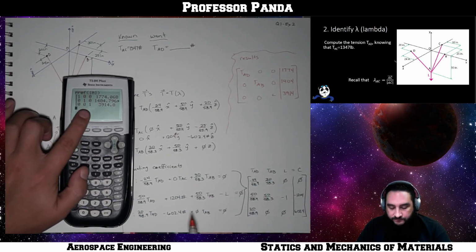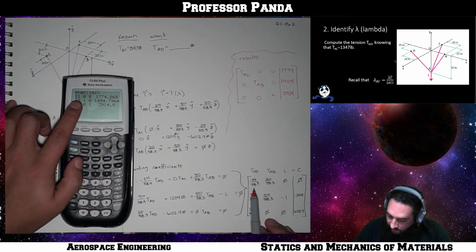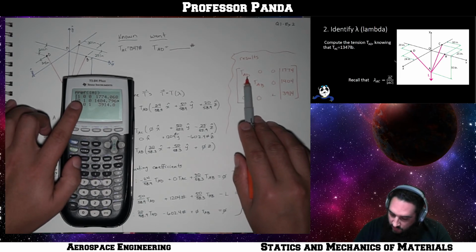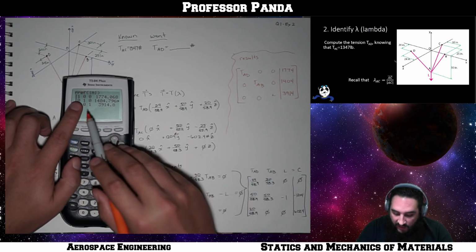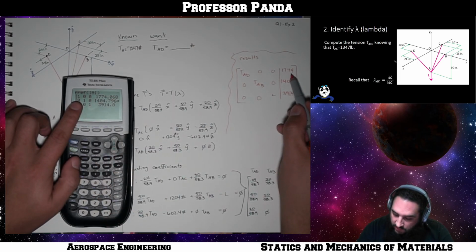Okay, the ones just tell me that the first row, first column is TAD, because that's what I pulled out here. And that answer is equal to 1774.